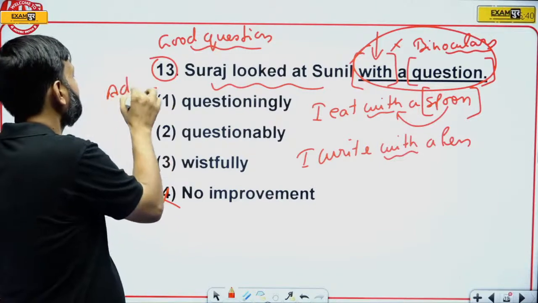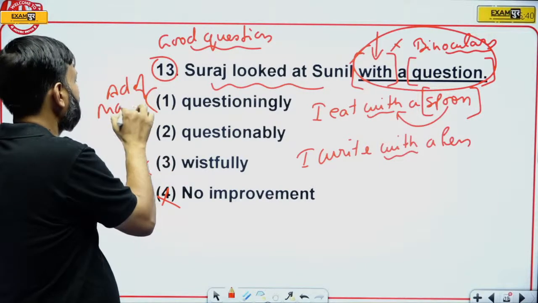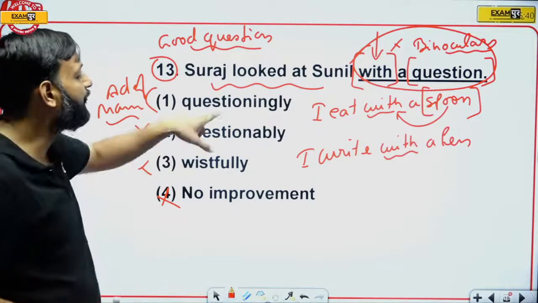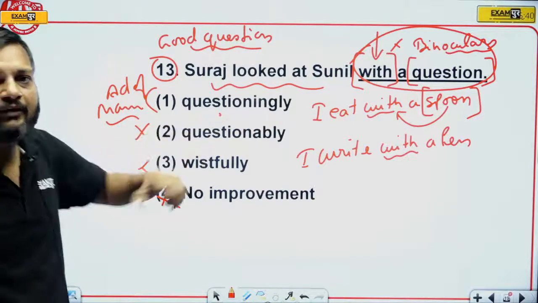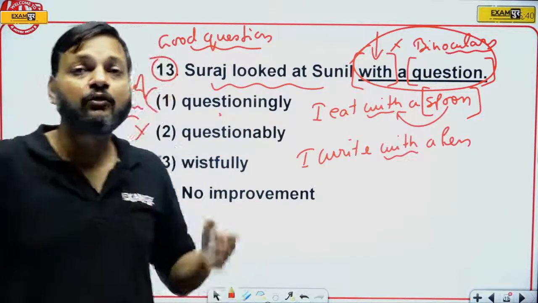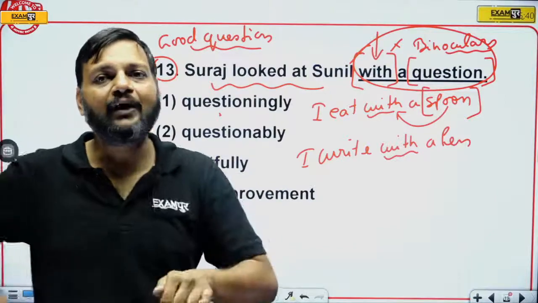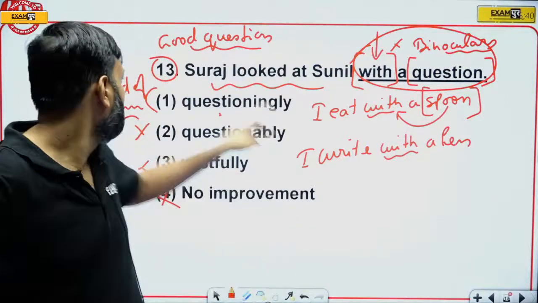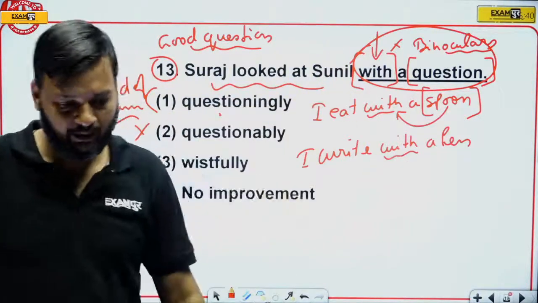Questioningly, this is adverb of manner. Adverb of manner. So this was the way. Okay, adverb of manner is the way of doing something. So questioningly is the way Suraj looked at Sunil.